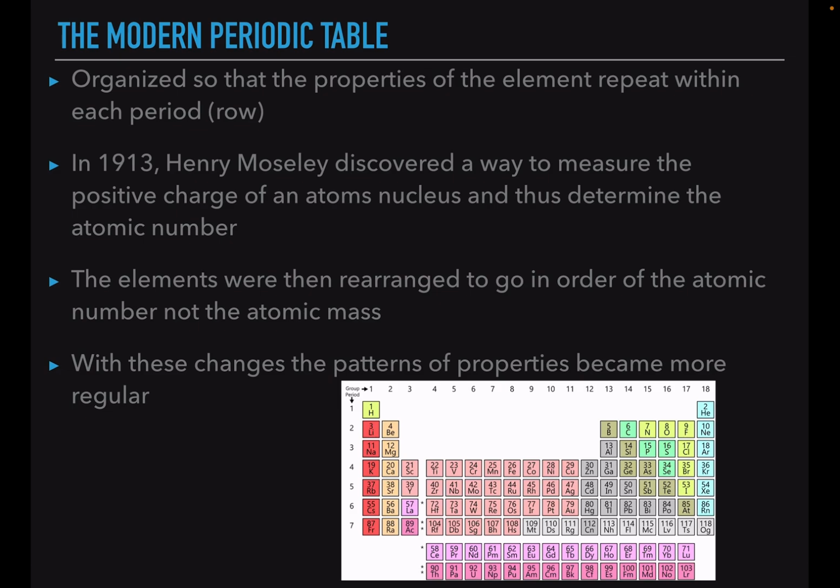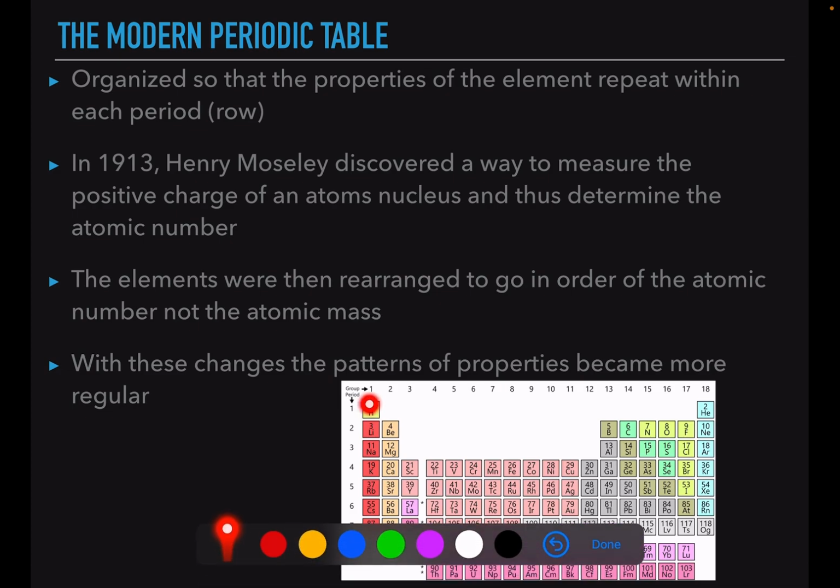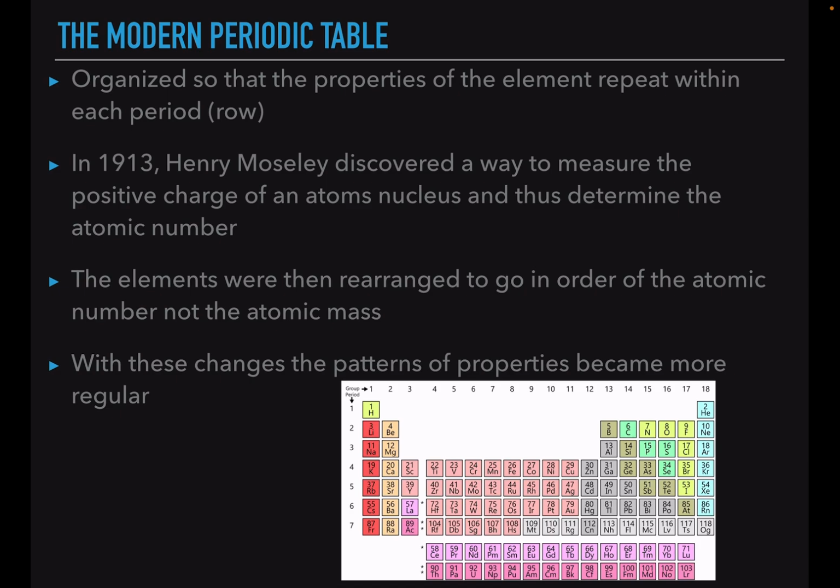So by arranging them based off of the atomic number, they were grouping themselves into better property groups. And so this is what we do now. The periodic table is based off the atomic number. So you see how it goes from 1, 2, 3, 4, 5, 6, 7, 8, and so on. It skips some numbers up here to help with that organization, but then those patterns continue to appear afterwards.